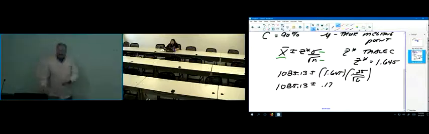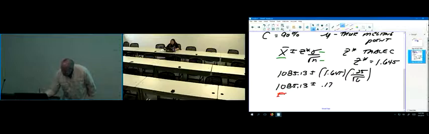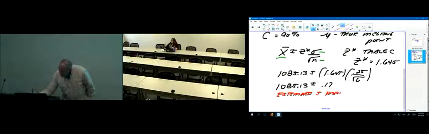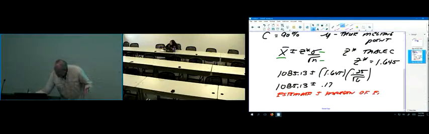The reason I like it like that, because this looks like an estimate plus or minus your margin of error. And look, the problem may have just asked you for the margin of error, the plus or minus part.